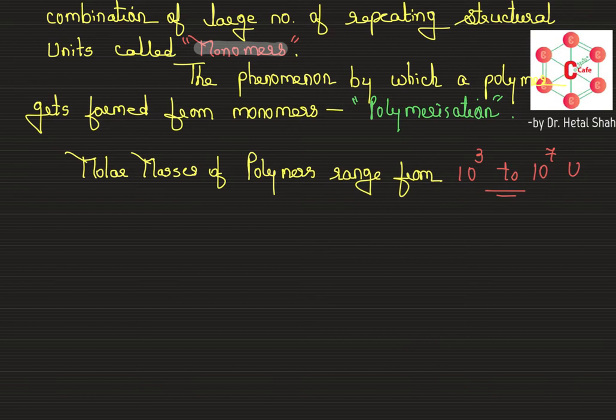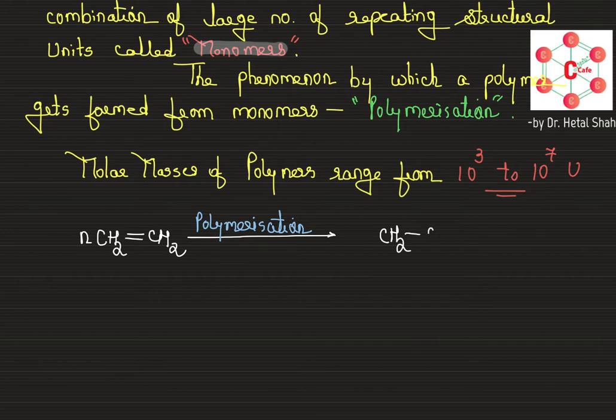I would give you first of all an example of how this happens. For example, when a large number of ethene molecules, ethene is this, when a large number of ethene molecules, let us take N number, undergo polymerization, you get a huge polymer, which is then called polyethene.